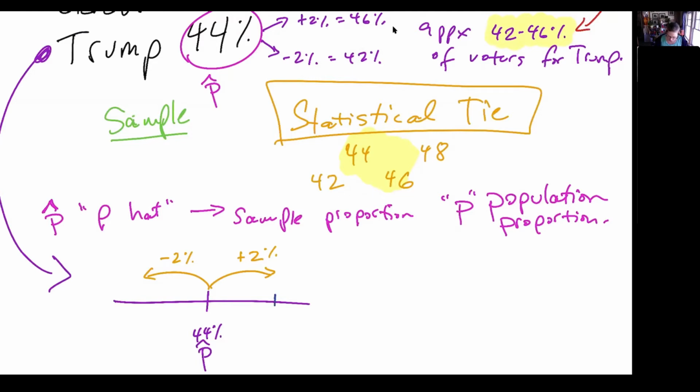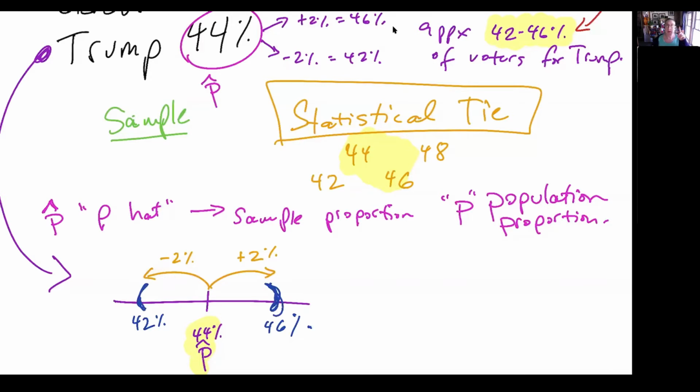That's how I get my other values, the 46 and the 42%. That's why we call the middle one the point estimate, because we use it to go up and down. You hopefully recognize this because it's what we did with the normal curve. You had a mean, and you used the standard deviation to go above and below. It's the same concept, and this is how we get our interval.